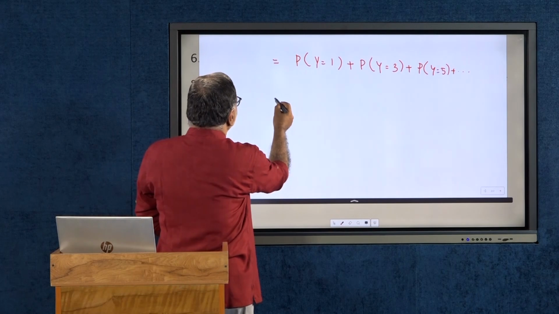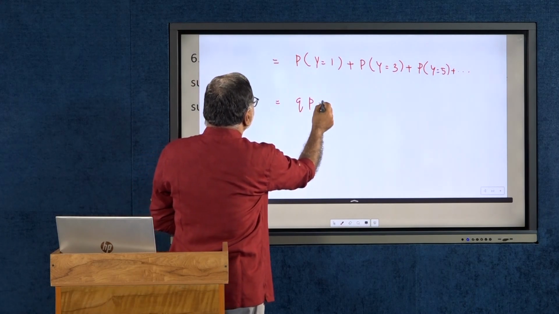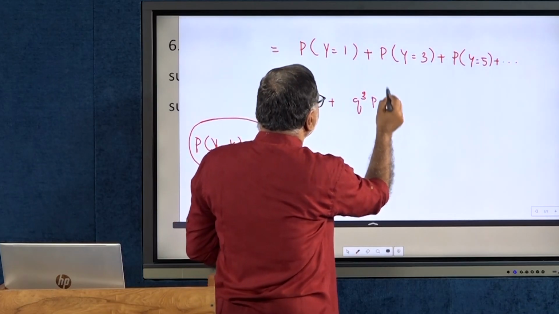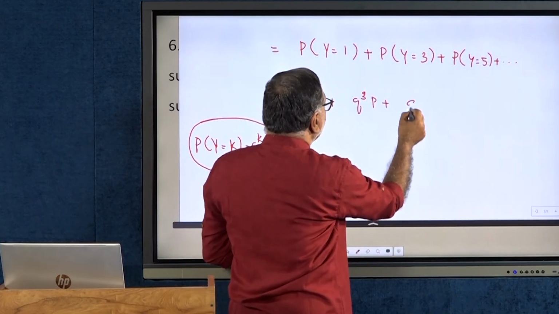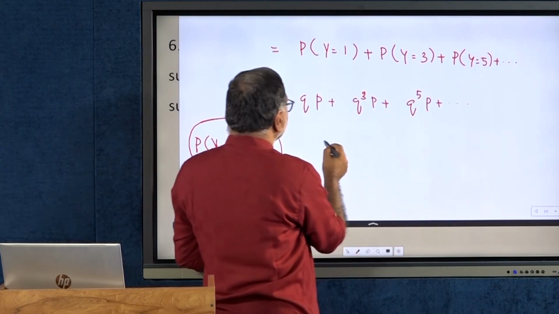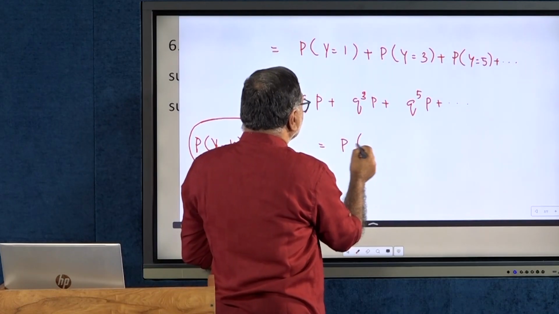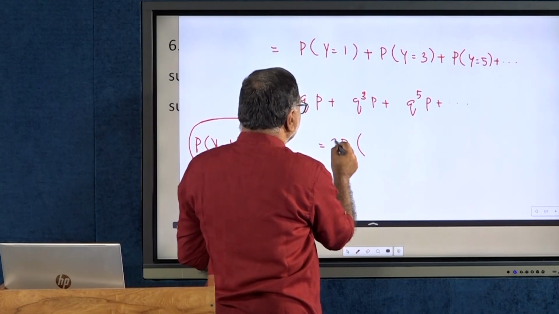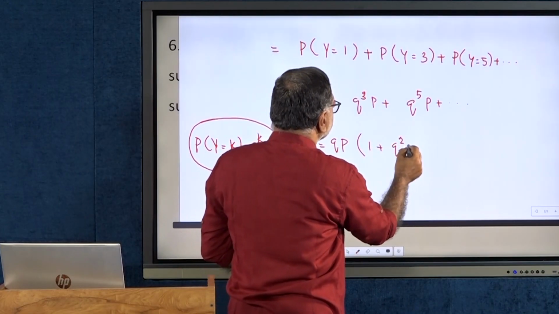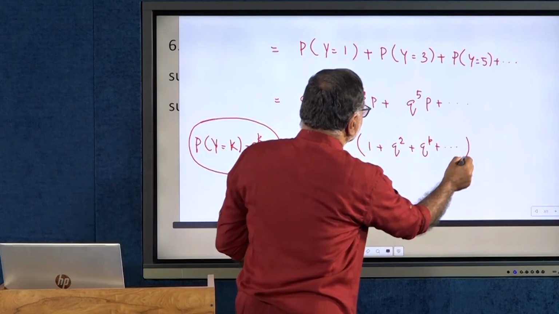What is the probability of y equal to 1? q power 1 into p. And this is q power 3 into p. It is q power 5 into p, plus etc. And that is qp taken outside, 1 plus q square plus q power 4 plus etc.